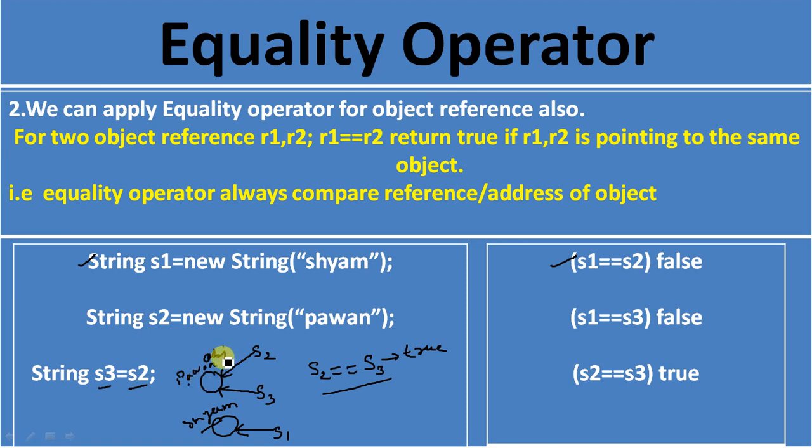Now s1 equal to s2 is false, because the s1 object is different from the s2 object. s1 equal to s3 is false, because s1 is pointing to a different object and s3 is pointing to a different object. But s2 equal to s3 is true. Why? Because s2 and s3 are pointing to the same object.